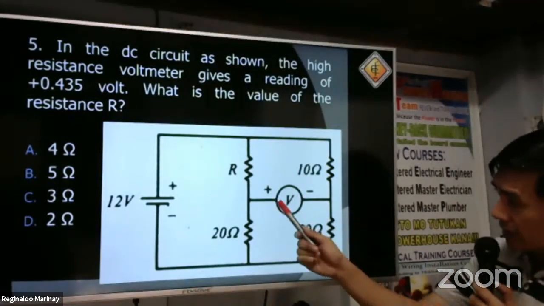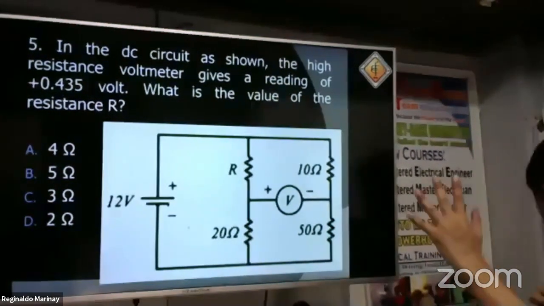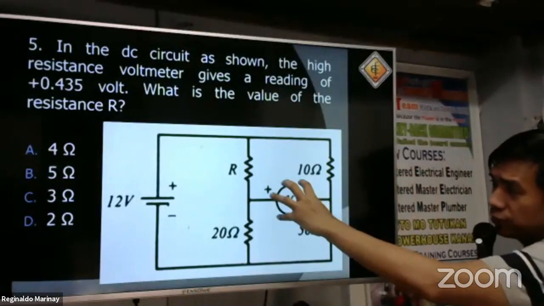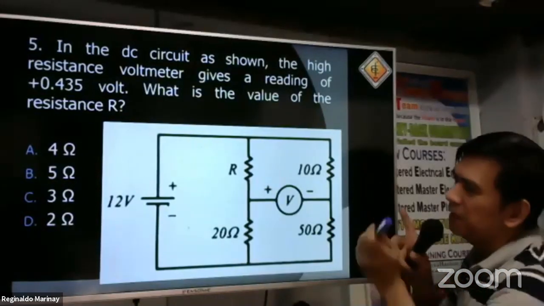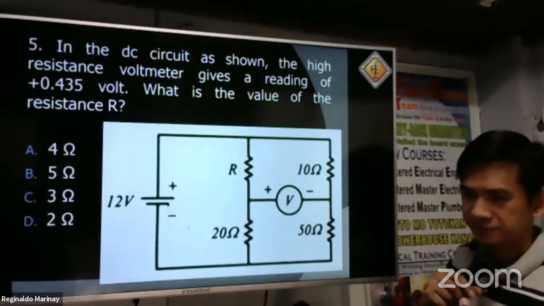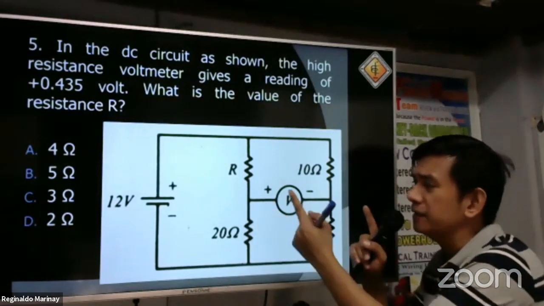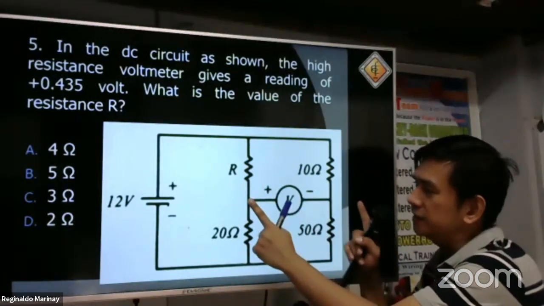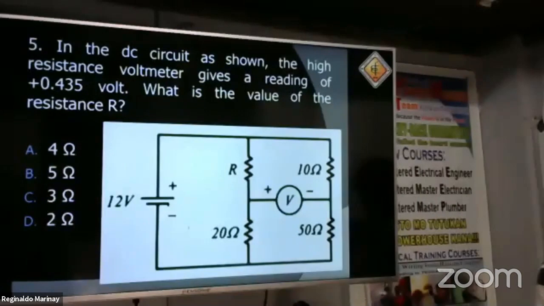We already have the reading of the voltmeter. So let us redraw the circuit. I will just draw the equivalent circuit when you remove this voltmeter. Well, the voltmeter is just being tapped in the circuit, right? I will remove the voltmeter. When you put your voltmeter terminals, this is the red one and this is the black one.